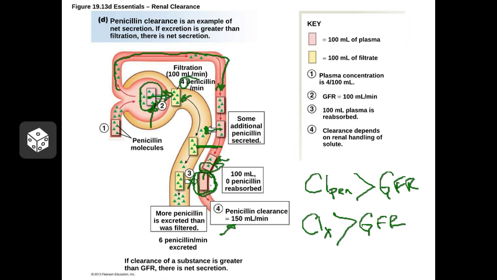If substance X has a clearance that is lower than GFR, we know that there is net reabsorption. And if the clearance of substance X is equal to GFR, we know that the only thing that the kidney does is filter it. Okay?